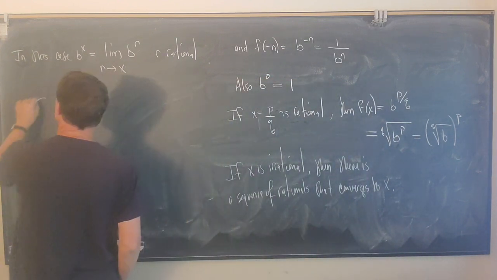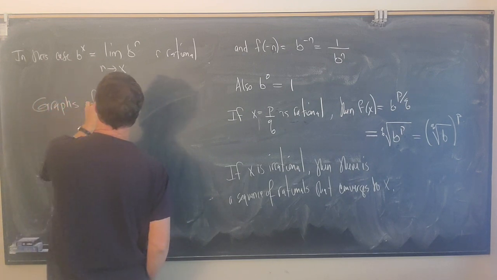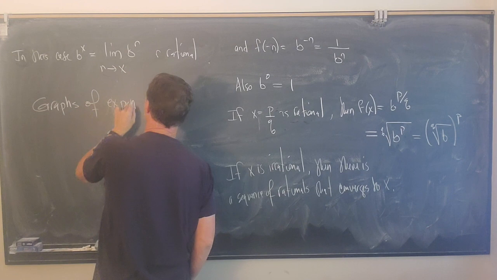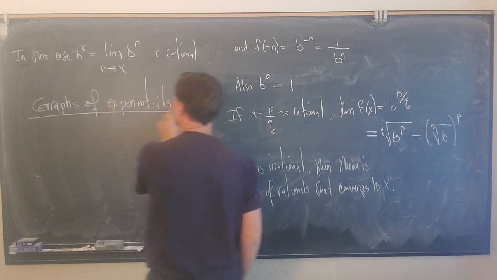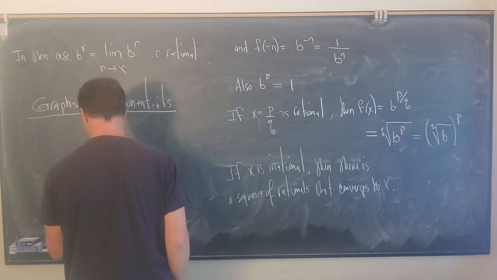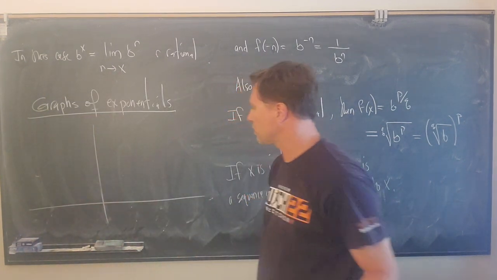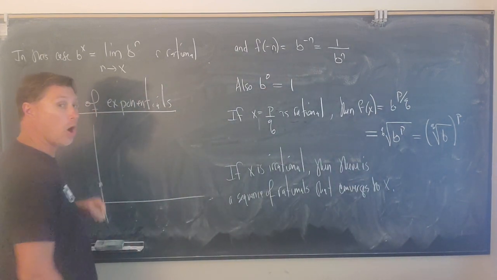So now graphs, the next thing we want to look at is the graph of an exponential. Graphs of exponentials. And there's really, I guess, three options. Now the first thing, we know that b to the 0 is always equal to 1.